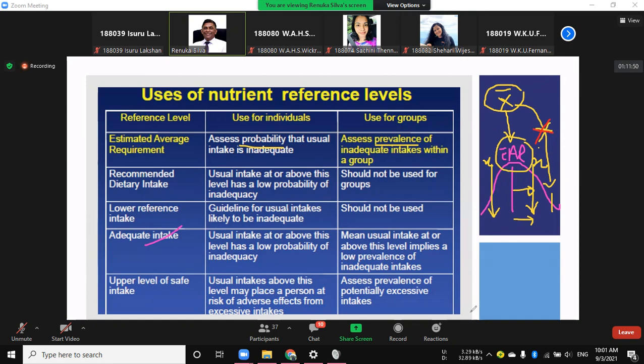For example, I get 40 dietary recalls from you, and I calculate your calcium intake as 700 milligrams per day. That's not individual, that's a class average, mean value. Let's say your requirement, that's the RDA value, is 800 milligrams per day.